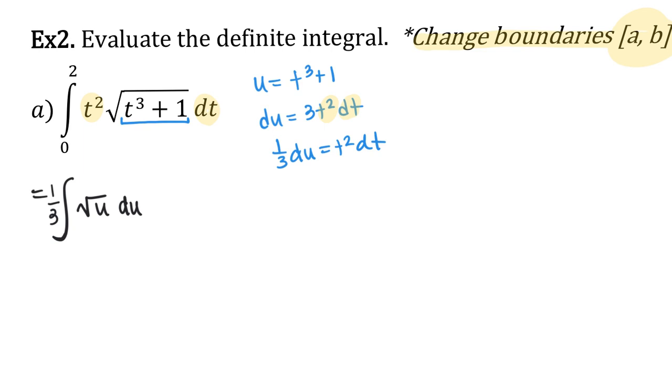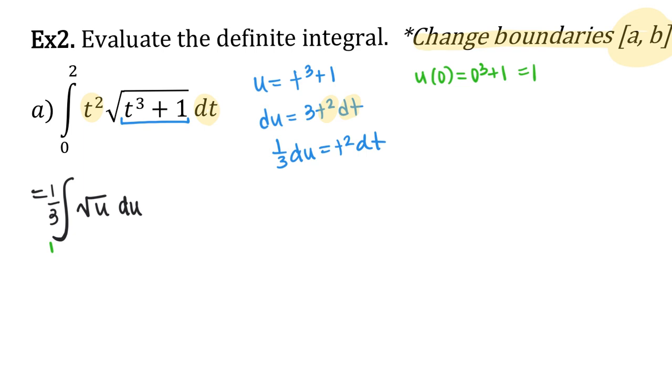Okay, so the lower limit was when t equals 0. So what is the lower limit for u? Well, the lower limit for u is when t equals 0. So let me see when t equals 0, what u equals. I'm going to write u of 0. So that's 0 cubed plus 1. So the lower boundary is going to be 1.